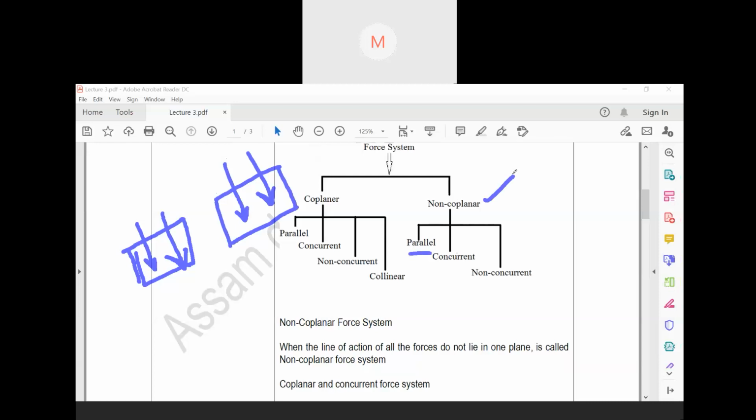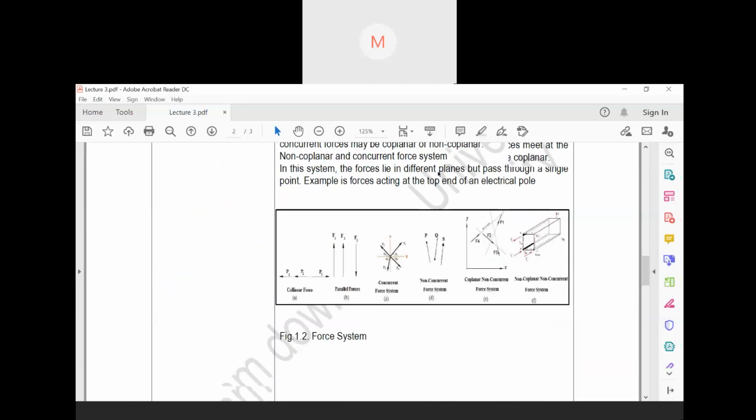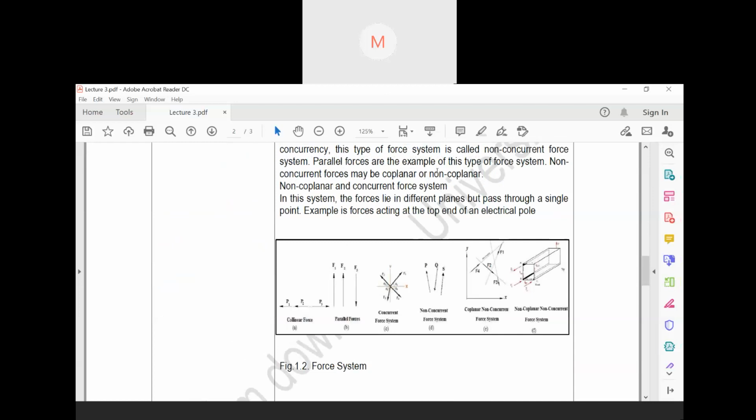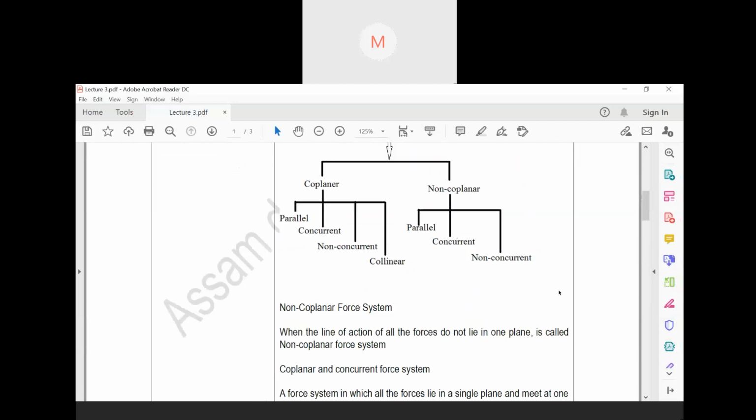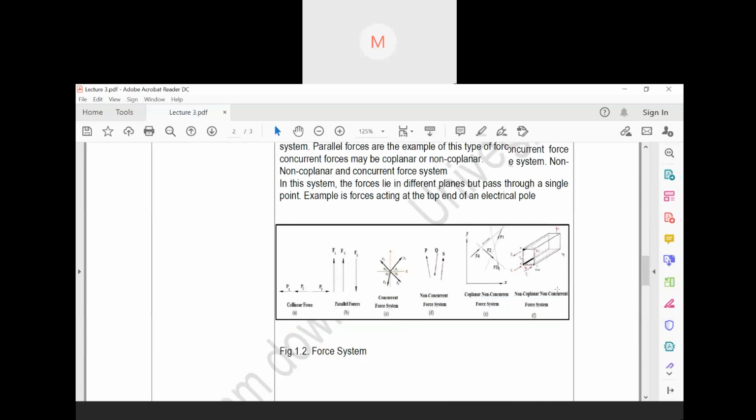Now for concurrent force system, if they don't lie on the same plane, that means, if you see, this is one plane.